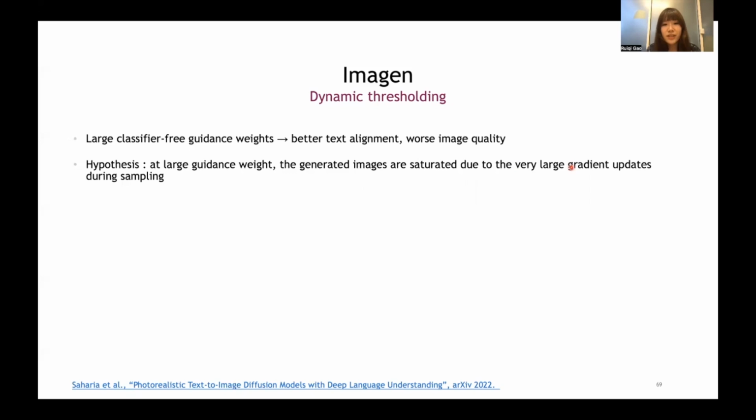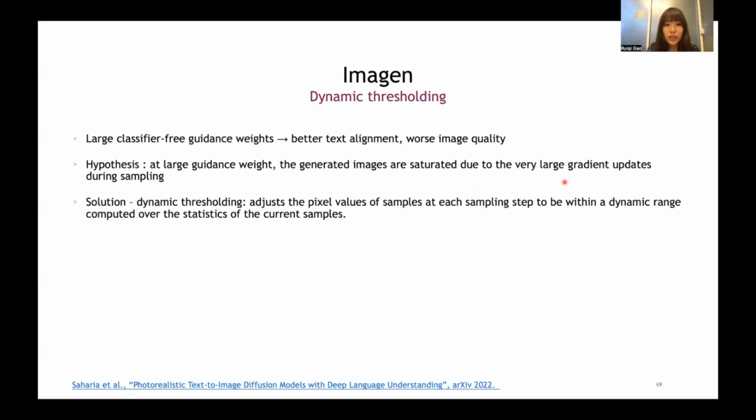Then the generated samples have a chance to be saturated because of the very large gradient updates.